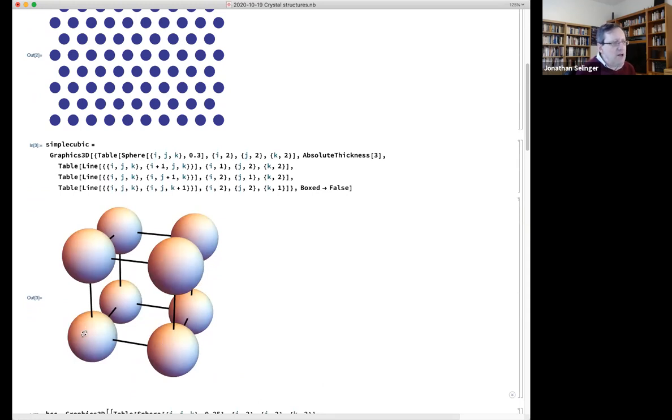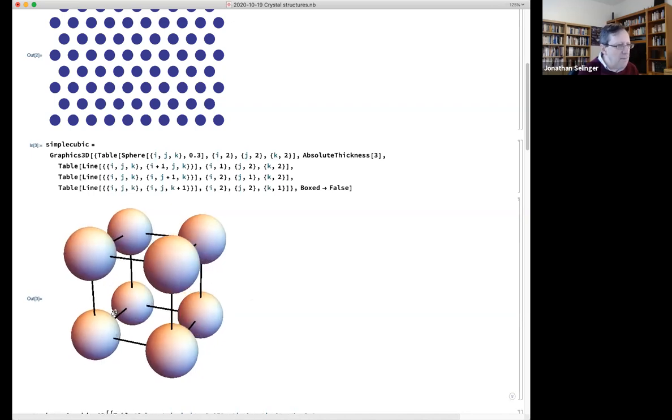Right? So here are 8 atoms at the corners of a cubical unit cell. And then we could say, all right, there'll be another unit cell over here and another one in the front and another on the top, and it just keeps on repeating in all directions from there.